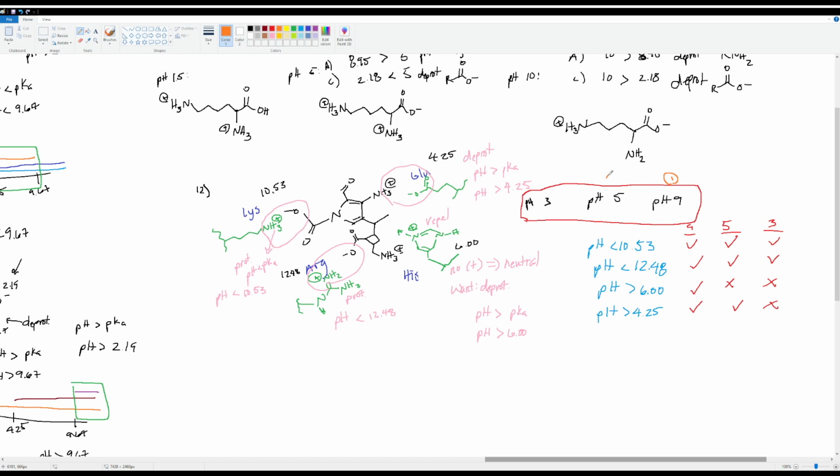You could maybe make an argument about the negative charges, the positive charges repelling, but I think that is well beyond the scope of this class, and we're just trying to get you to see stuff like this, where it's, hey, multiple interactions are not as we would like. Okay, so pH of 5 would be probably our second best, and then a pH of 3 would be our third best in terms of binding capabilities.